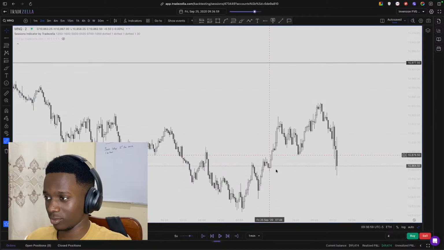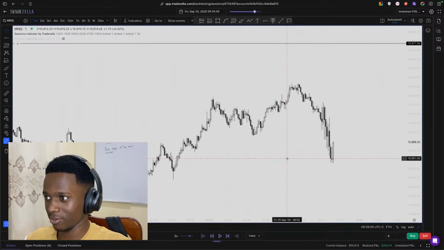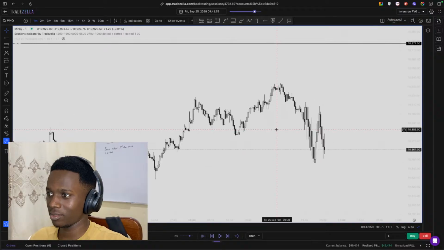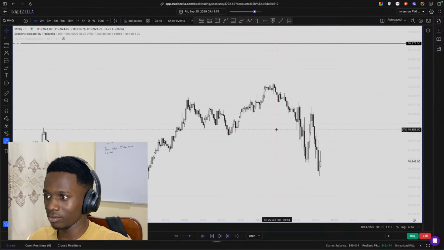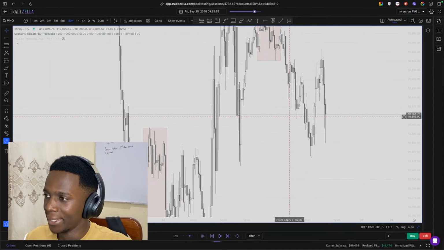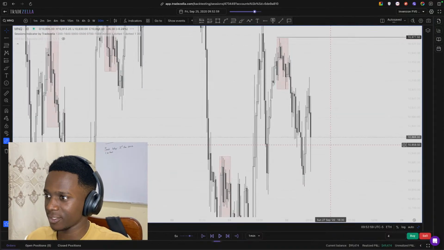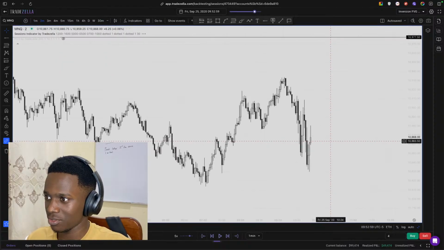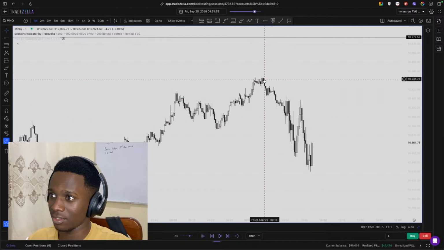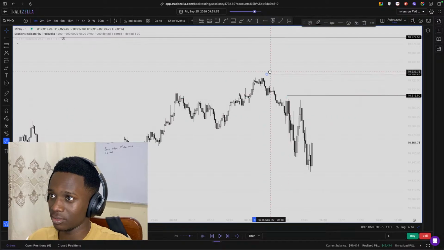So I don't know why price looks like it's going away from the Asia high, preparing to run higher back to it. Okay, so 30 minute, we're still in some sort of gap. I would like to target like this 931 high and this one here.